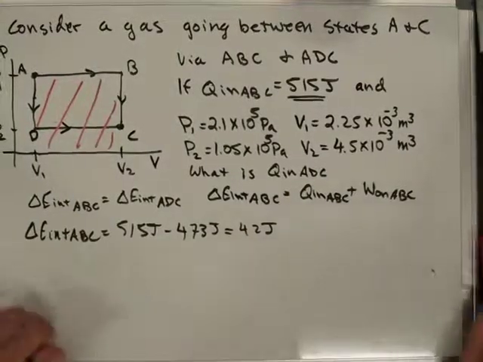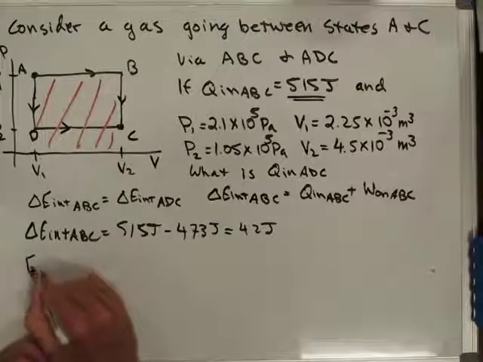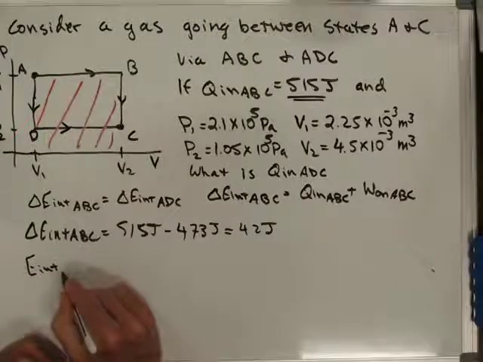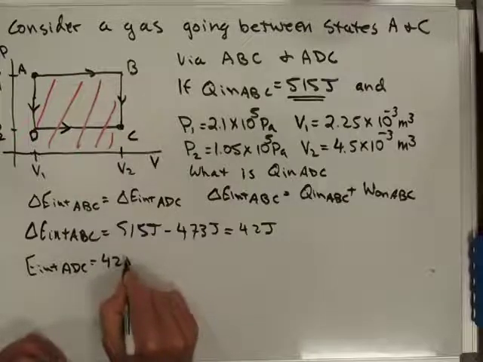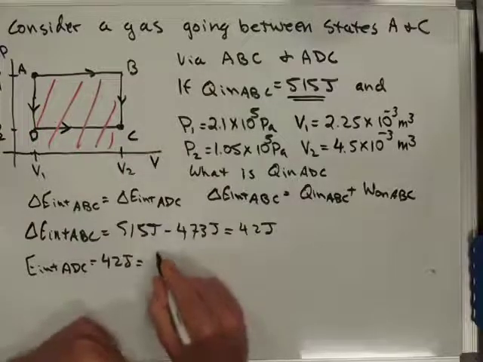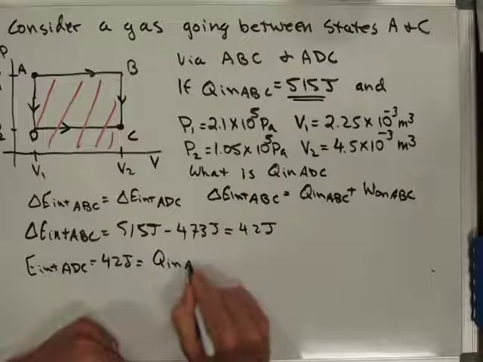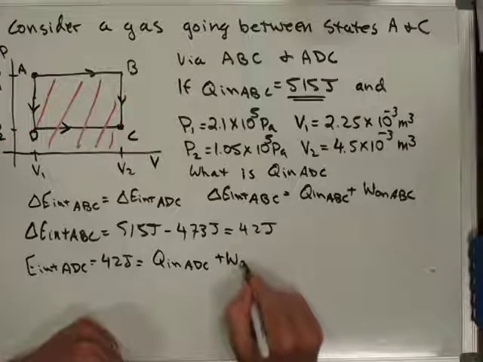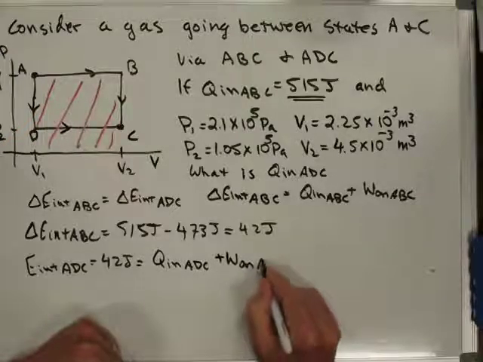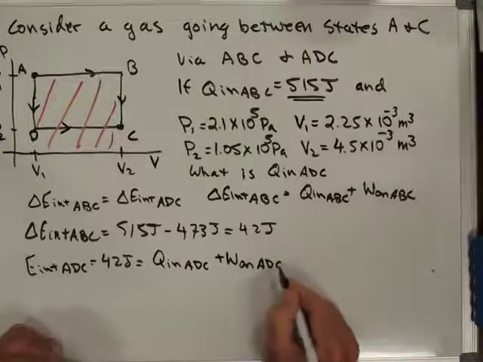And now I'm going to say the change in internal energy along ADC has to be the same thing. And what that is, is Q in along ADC plus the work on going from A to D to C, right?